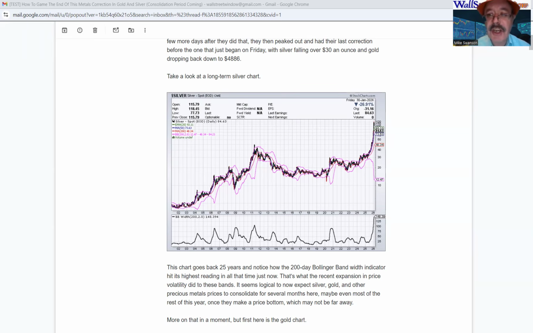That doesn't mean the price can't go a little bit lower. I'm doing this video Sunday. It also doesn't mean the price can't gap up and go up from here. I'm going to talk about timing the bottom in a moment, but I just wanted to talk about what is coming, what is likely to happen here, a period of consolidation.